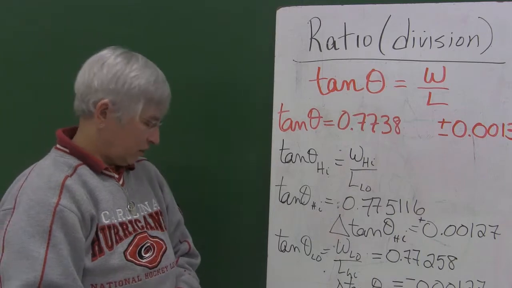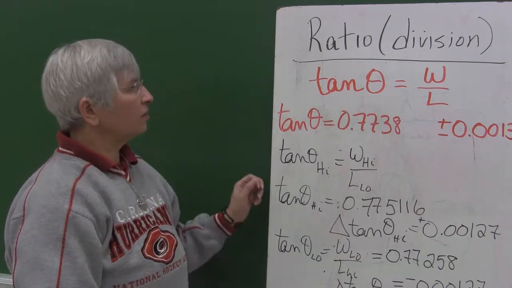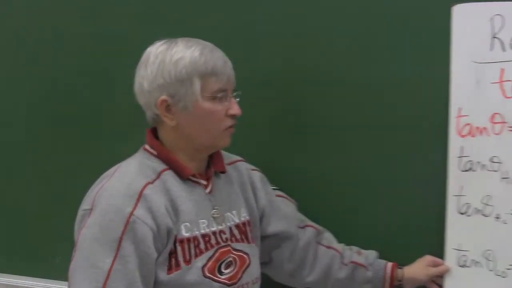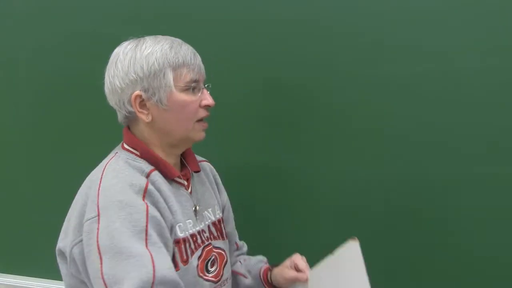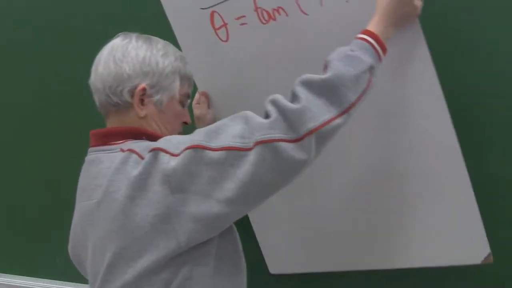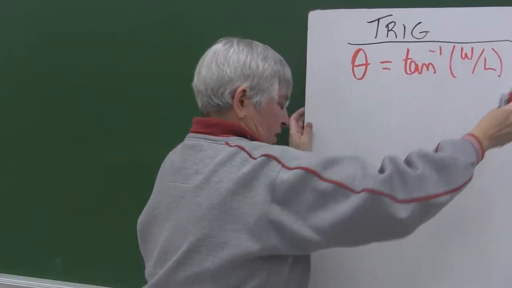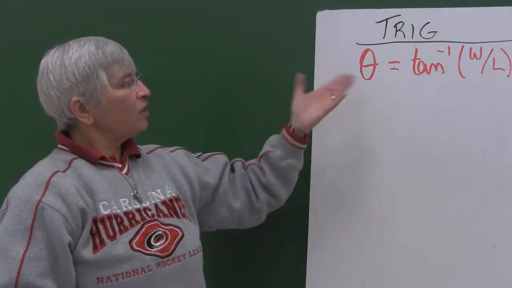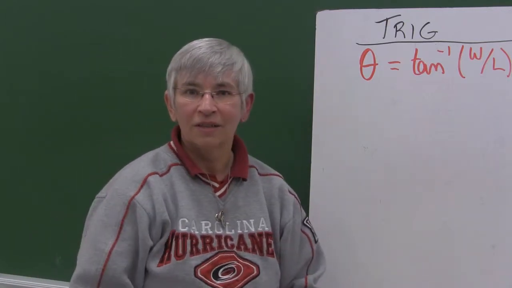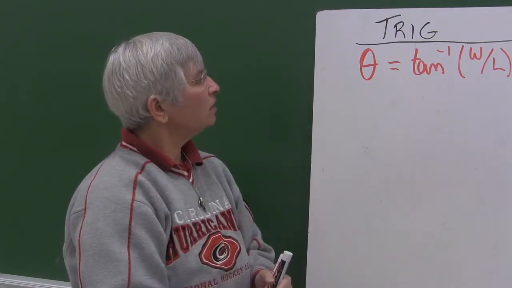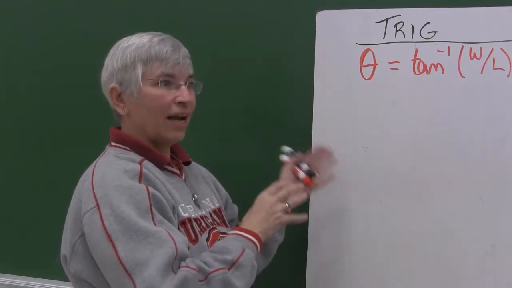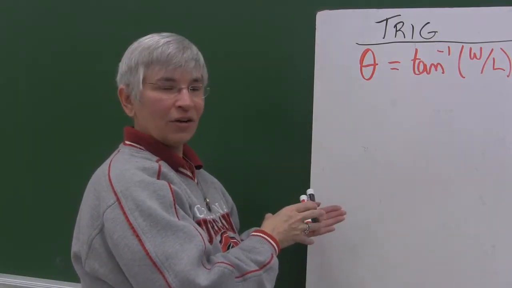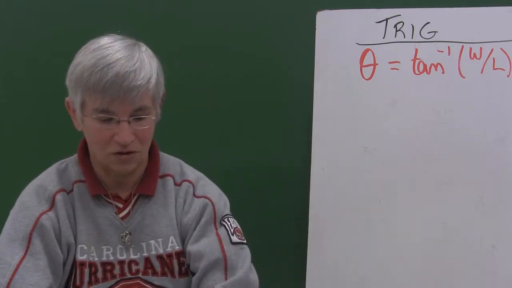Having found tangent theta, I'm just going to slide this over so that I can see the values. I can now go ahead and use trig. So now I would use the calculator function that has the inverse tangent and calculate the highest angle I could measure, or the lowest I could calculate, and then see what the ranges are.